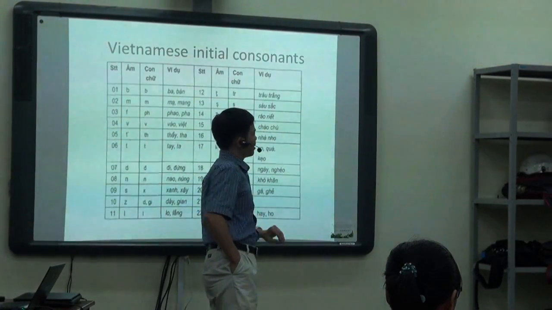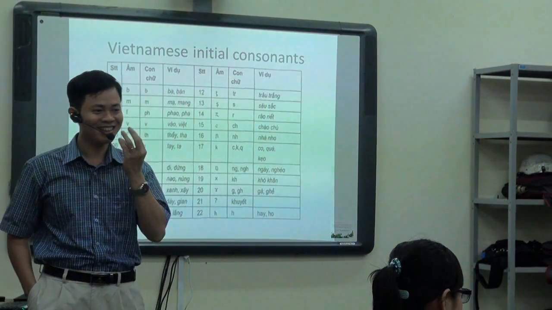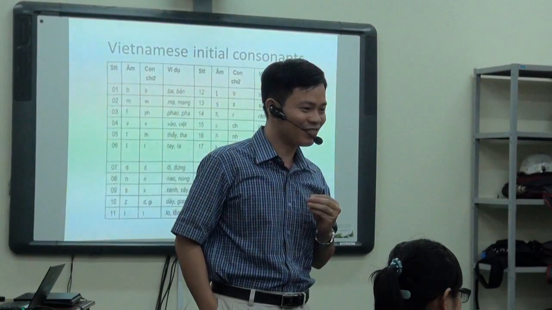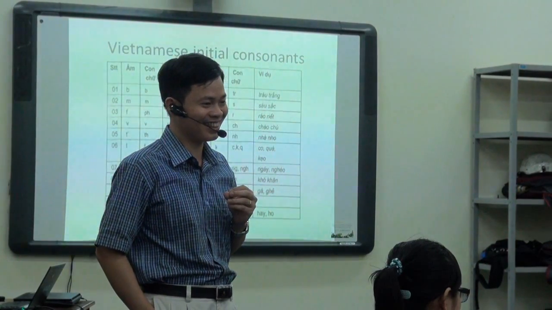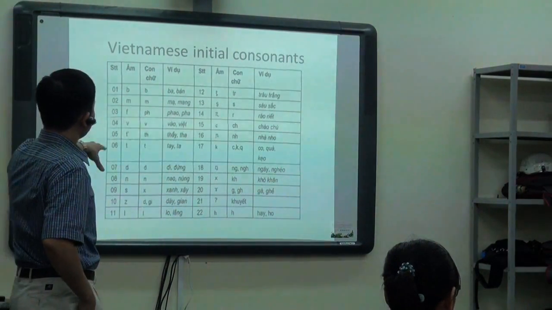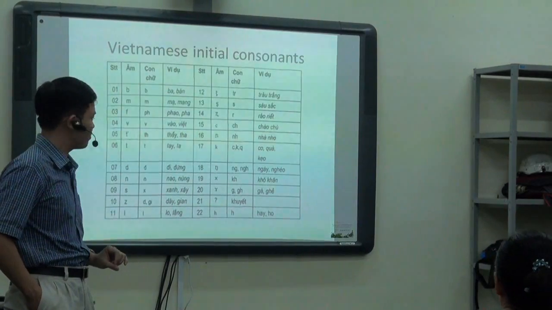How do you make it sound? Ráo riết with vibrational tongue. Ráo, but we can say ráo riết. Right. So these are consonants in Vietnamese.